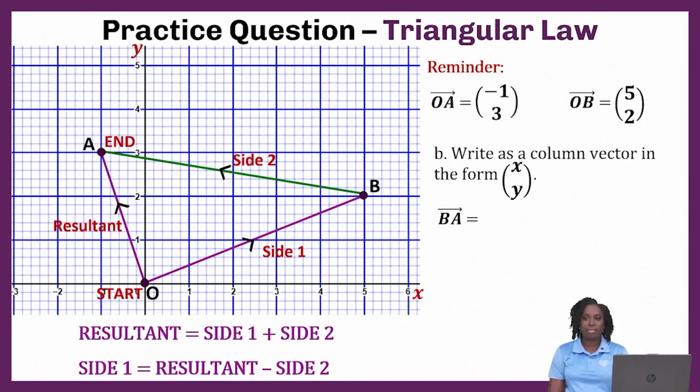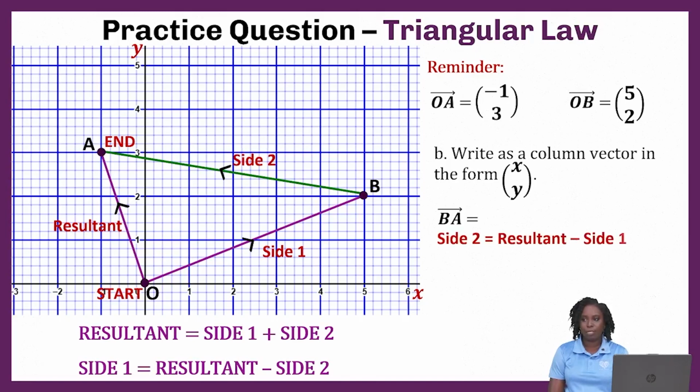It really doesn't matter which one you call 1 or which one you call 2, as long as they are identified and you use the corresponding vector for the appropriate sides. When we look at our diagram, BA is identified as a side, and since BA was called side 2, that's what we're going to look at.